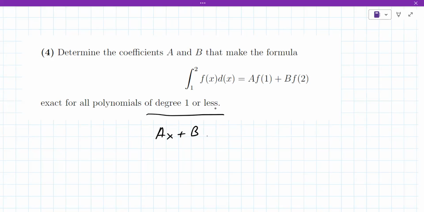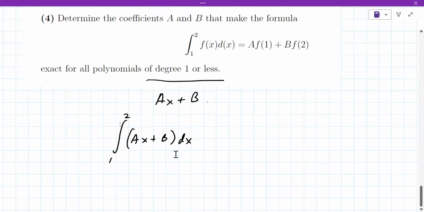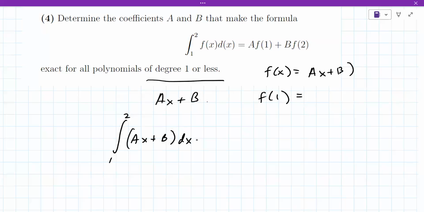All right. So when you integrate AX plus B dx from 1 to 2, you have to know how to find the antiderivative of this. Just to be clear here, your f of x is AX plus B. So f of 1 means A times 1 plus B. Is it always AX plus B? For degree 1, yes.